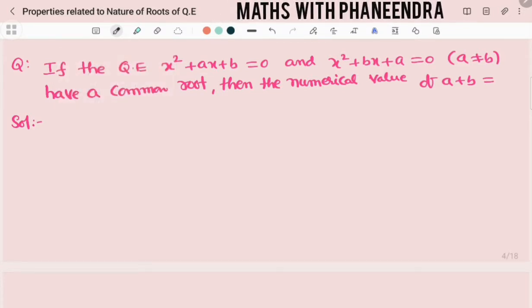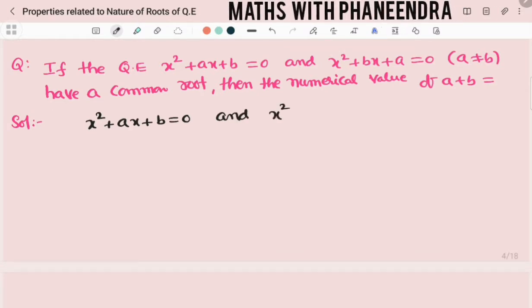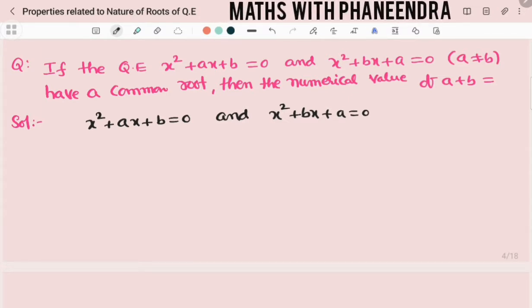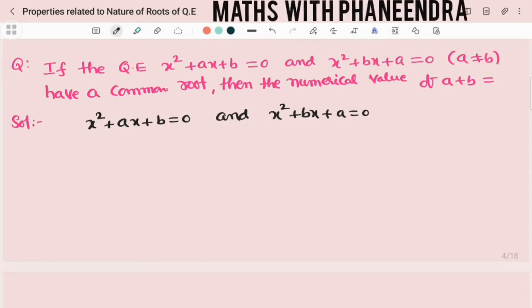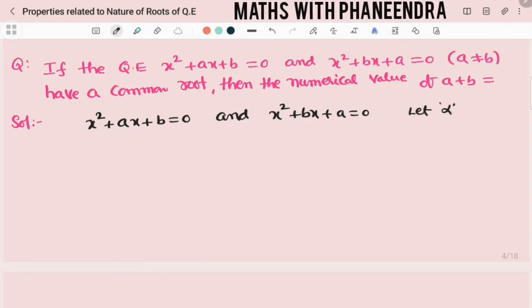See, common root means alpha. I am assuming the quadratic equations are x square plus ax plus b equal to 0 and x square plus bx plus a equal to 0. Both quadratic equations have alpha as the common root. Let alpha be the common root.